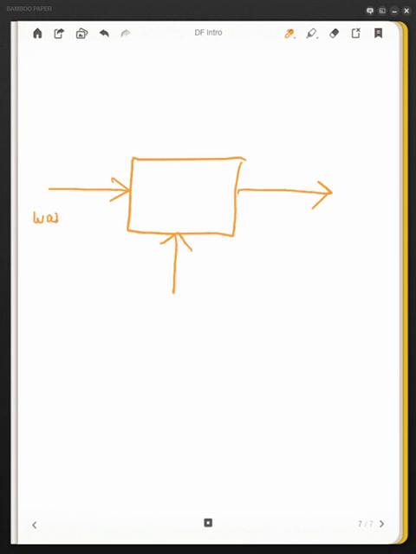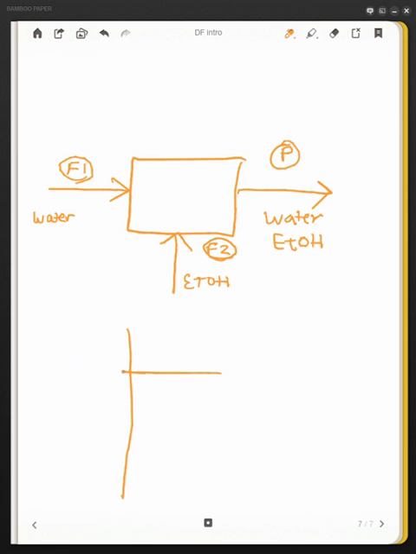So I'm just going to repeat what we had in the last problem. Okay, so that's the drawing for the problem as we initially drew it up.